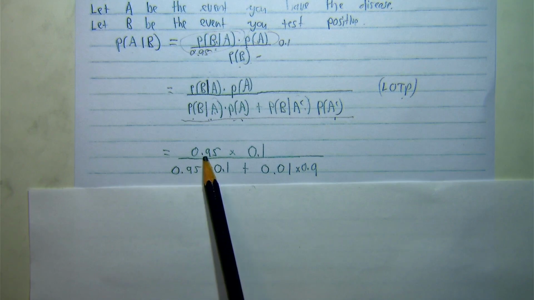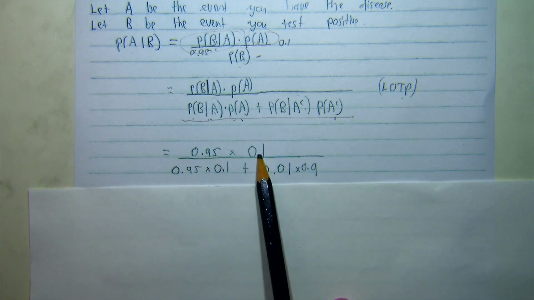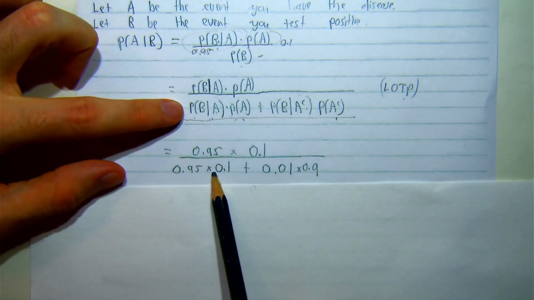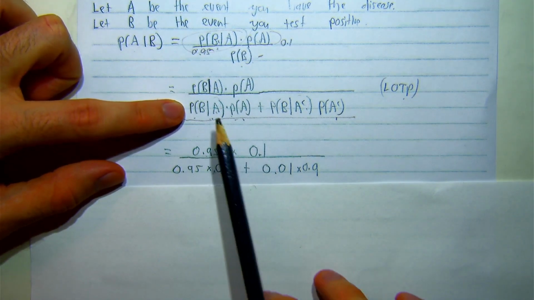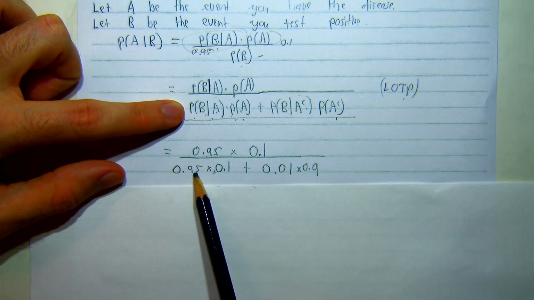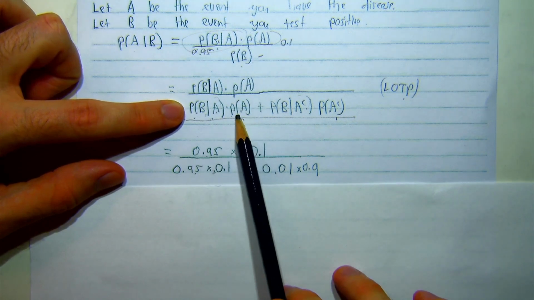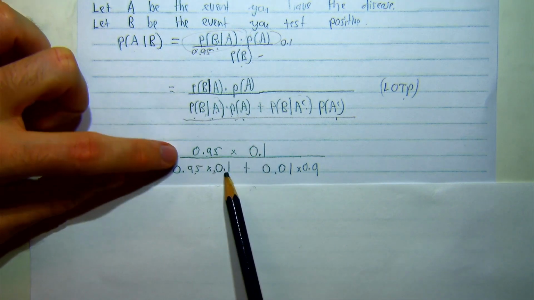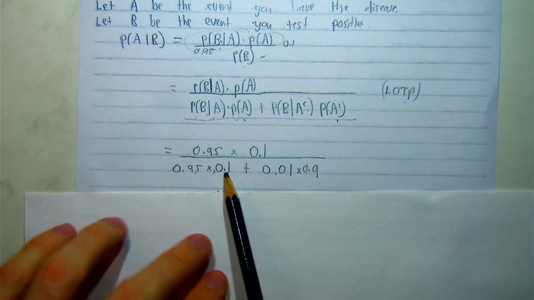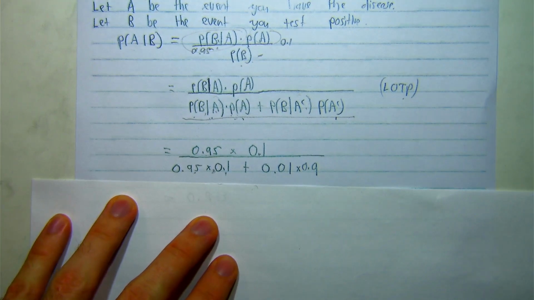We've agreed that this was 0.95 and 0.1. And then down here, someone who has the disease and tests positive, that will happen 95% of the time. And then just any random walking in to get tested is 0.1 probability of being someone who's sick if they're just a complete random.